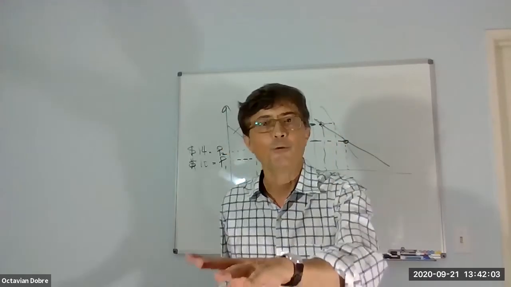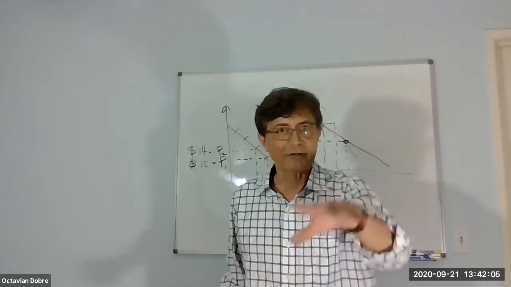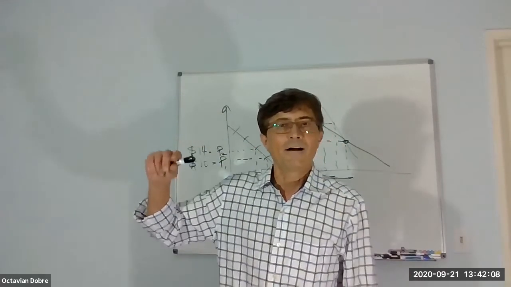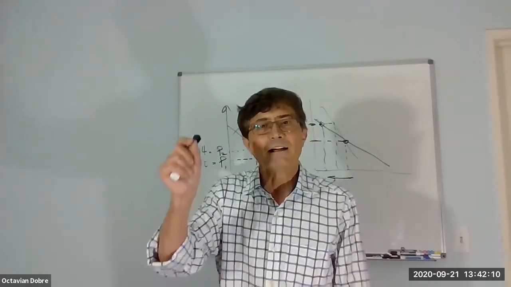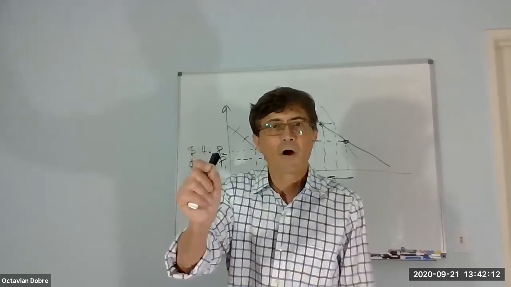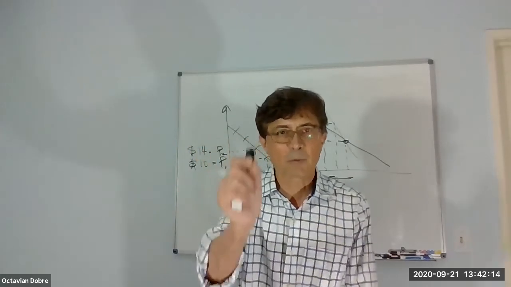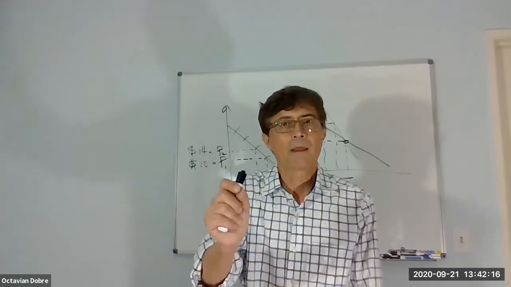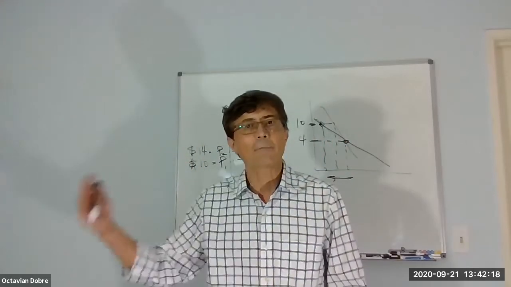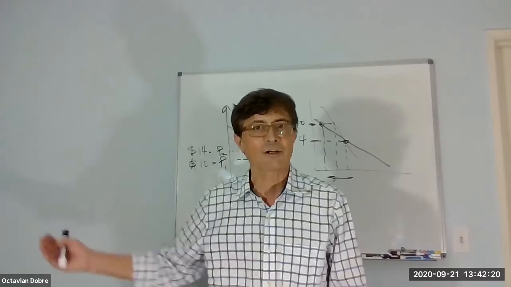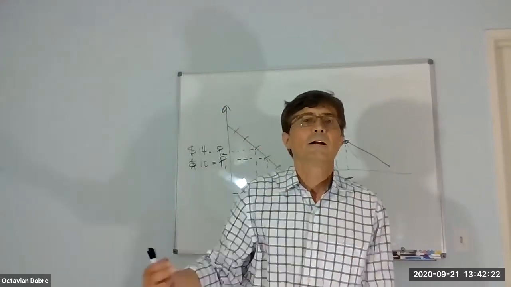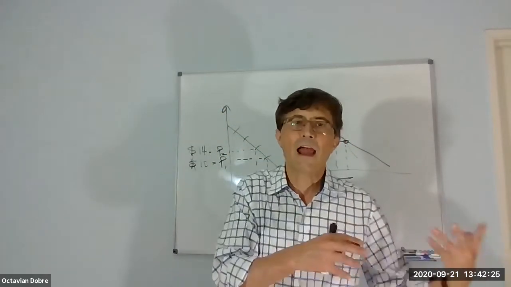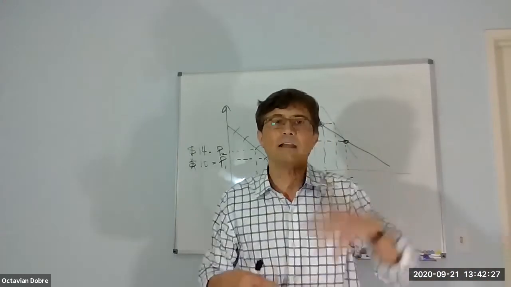On test 2, the next test after this test, you're not going to have any questions from the production costs chapter. But all the subsequent chapters that we're going to cover after production costs will have production costs built into them.